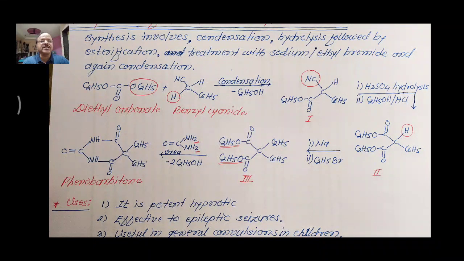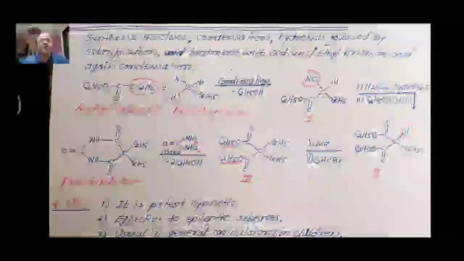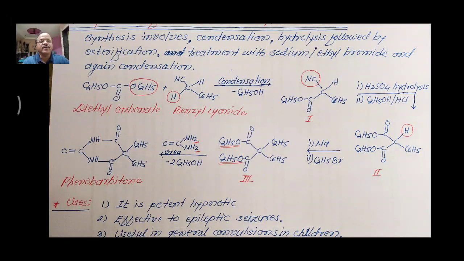During the condensation of these two compounds, OC2H5, which is circled by red pen, from diethyl carbonate, and H from benzyl cyanide eliminate in the form of an ethyl alcohol molecule, that is minus C2H5OH, where we obtain compound number 1.